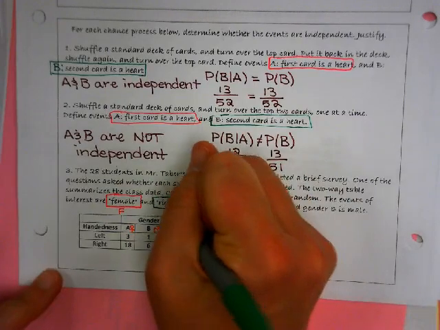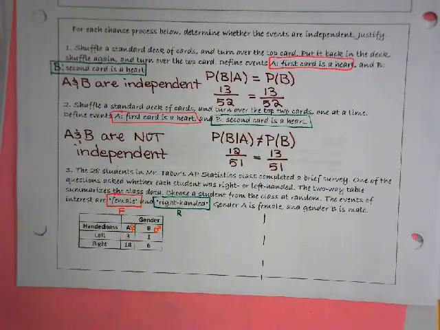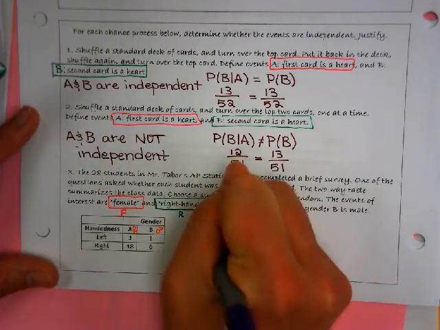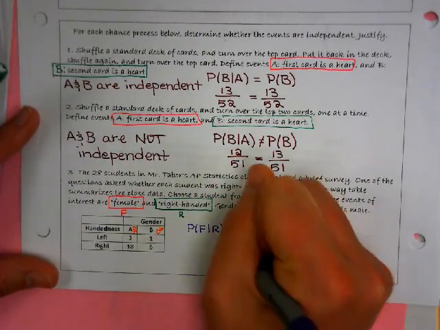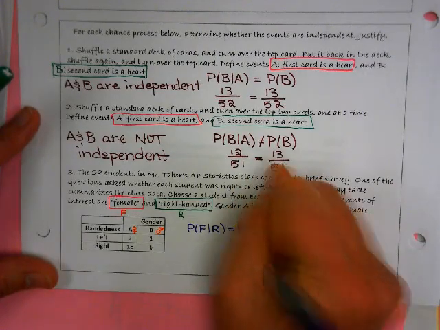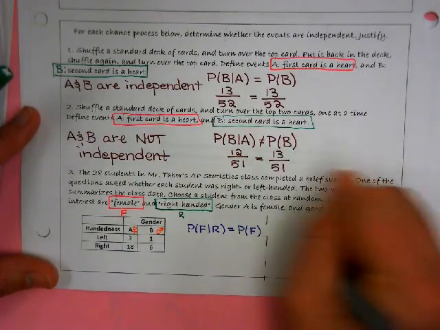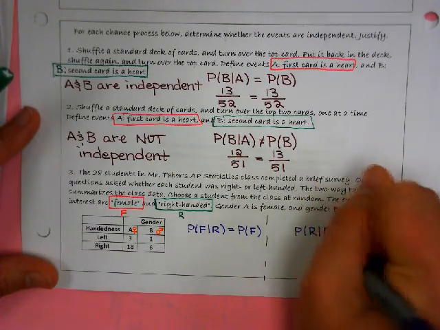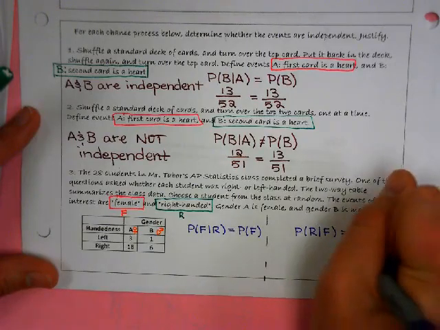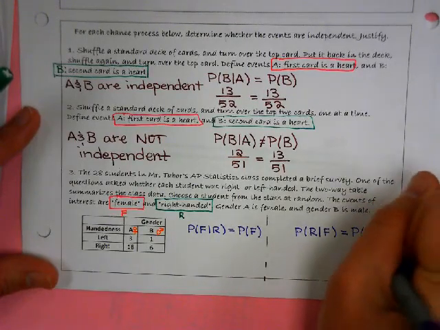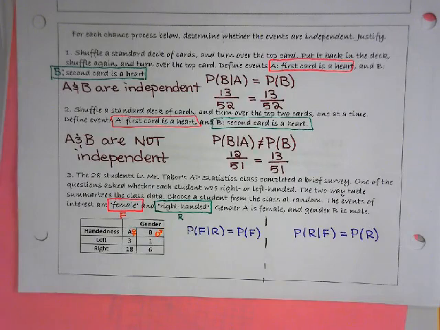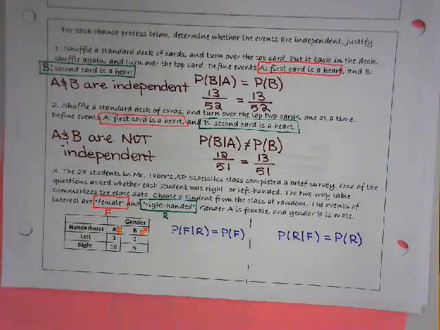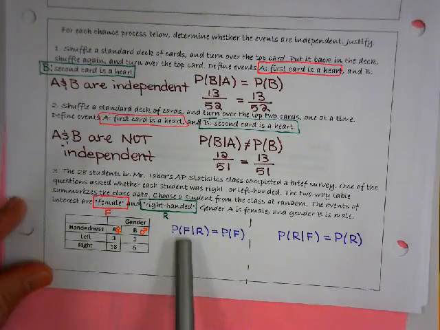So I can show that the probability of female given the student's right-handed is the same as the probability of female, or I could do the probability of right-handedness given female is the same as the probability of right-handedness. Doesn't matter which conditional probability I do, as long as whichever letter comes first is the one I'm doing by itself.